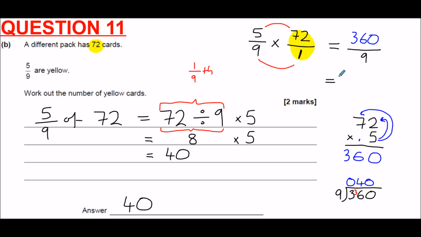So 360 divided by 9 is 40, which is what we had earlier. So what I'm trying to do there is to show you how the two methods are equivalent. So to find a fraction of an amount, we can just take the whole number, divide by the bottom, multiply by the top, or we can convert the whole number into a fraction and treat it as a fraction multiplied by a fraction. So there are two different ways we can do it.